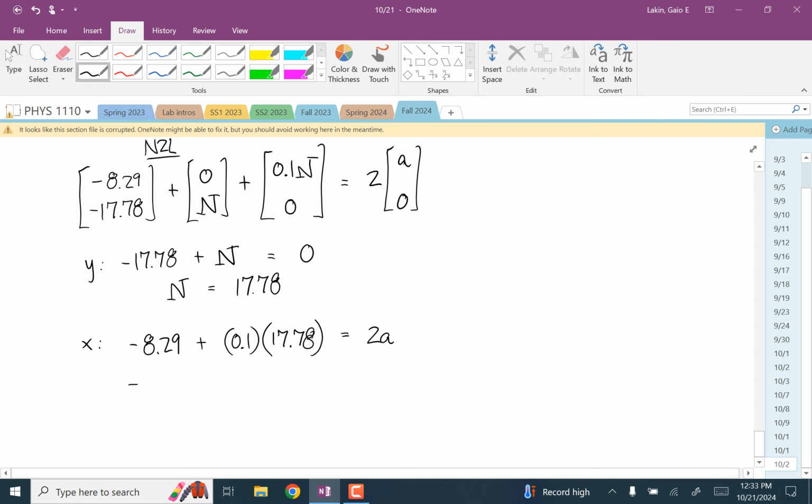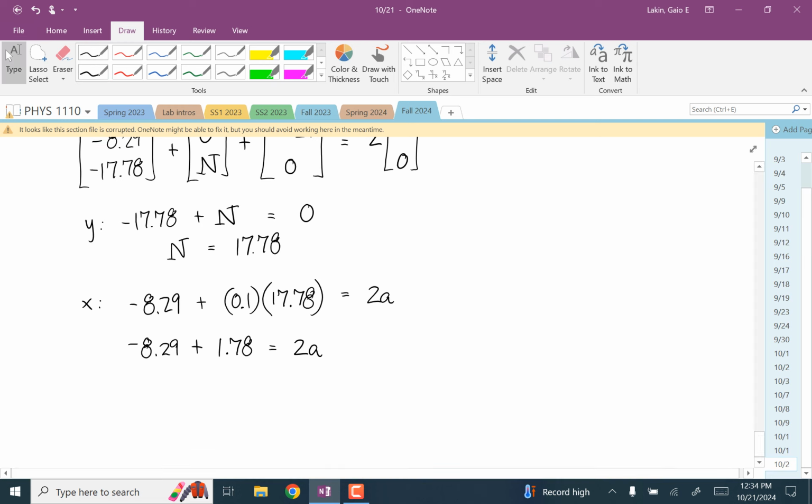And so we got negative 8.29 plus 1.78 is equal to 2a. And we get that a is equal to negative 3.26 meters per second squared.